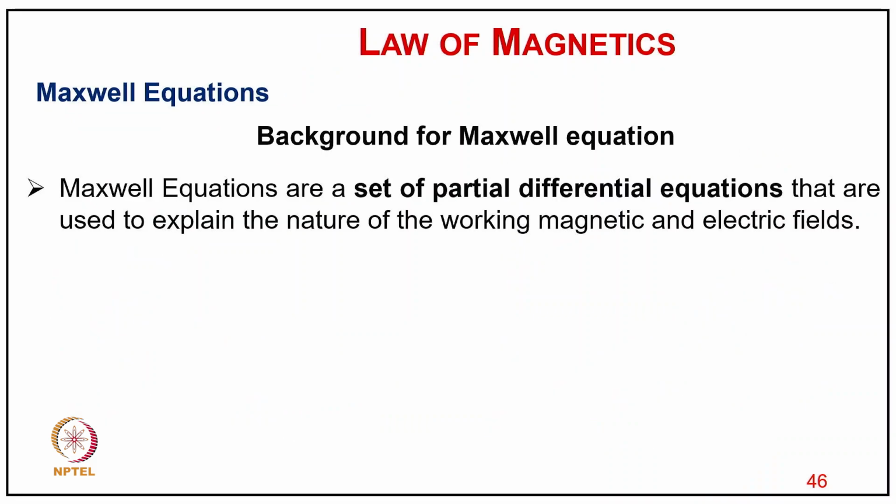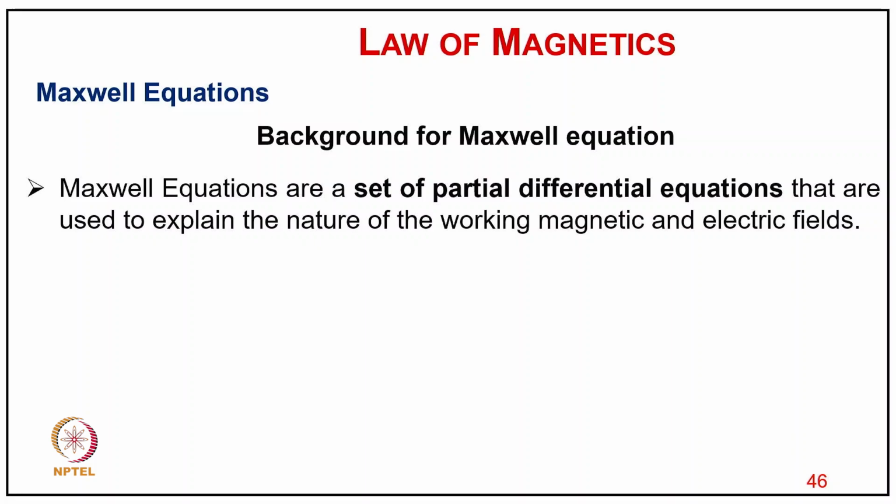Now coming to another law of magnetics, the famous Maxwell equations, based on which the total finite element analysis really goes to the very basic concept of magnetic field calculations. So Maxwell developed these equations.